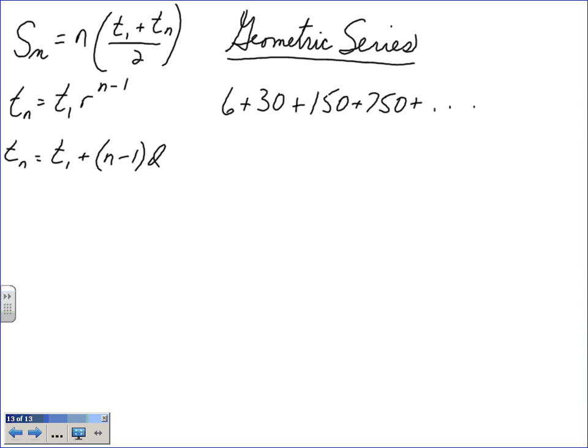So then we want to check to see if it's geometric by taking any term and dividing it by the previous term to see if we get the same number. 30 divided by 6 is the same as 150 divided by 30, which is the same as 750 divided by 150. So we do have a common ratio, right? And that ratio is what? 5. So this ratio is 5.